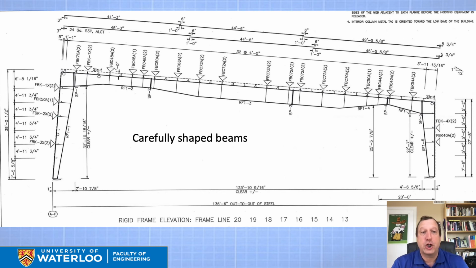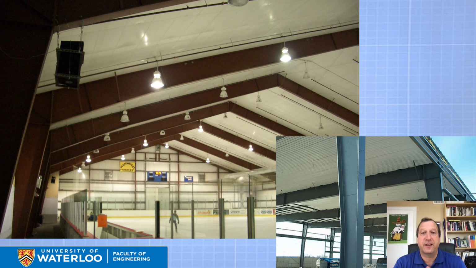They're able to shape the steel to match the worst load cases, and the lateral resistance here is not just provided by the beams, it's also by the X-bracing, but these have significant ability to resist lateral loads. So the X-braces can be far away at the ends of the walls, not right near the middle.